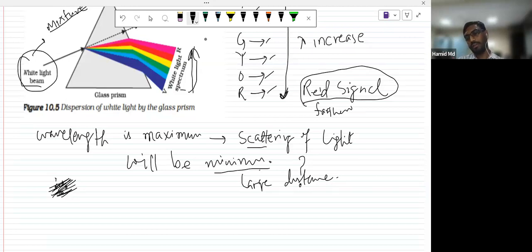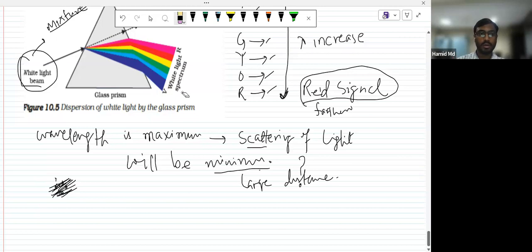So as wavelength is minimum, scattering will be maximum. So light will die just after traveling a few meters or kilometers, whatever it is. Got the point? Is it clear?